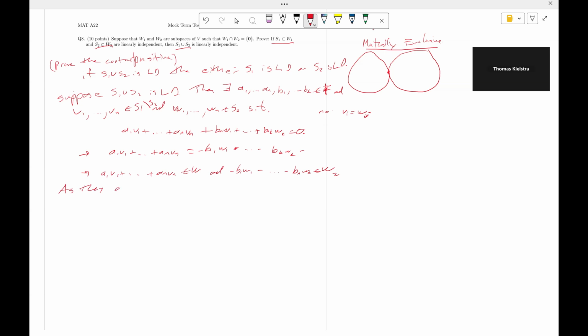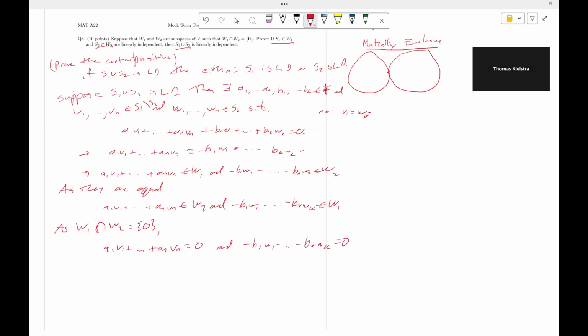As they are equal, A1 v1 plus ... plus An vn is in W2 and minus B1 w1 minus ... minus Bk wk is in W1, as W1 intersect W2 equals the set containing 0. So A1 v1 plus ... plus An vn equals 0, and minus B1 w1 minus ... minus Bk wk equals 0.